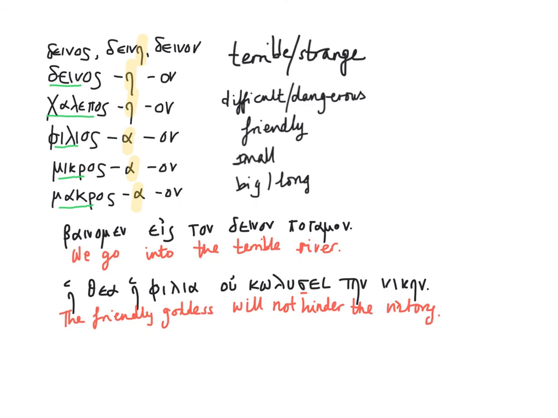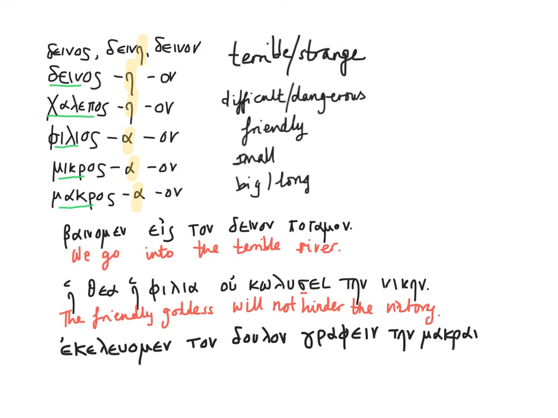Here's a third example to practice some of the grammar you've met recently. Ekeleuomen ton doulon graphein ten makran epistolen.